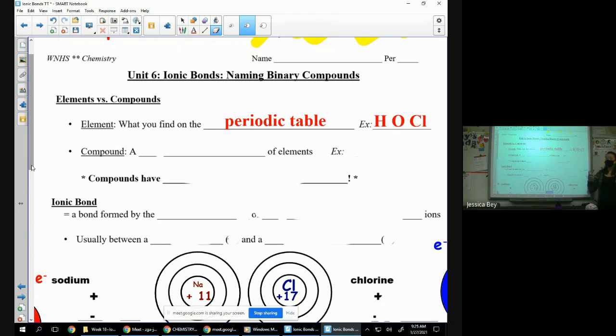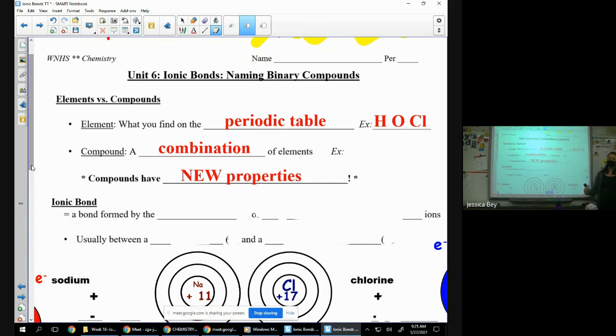Now, when you make a compound, which we talked about on Monday, you have to transfer some electrons or share some electrons, and they come in a combination of elements. So when I say, hey, name this compound, we are talking about a combination of elements that have come together. And remember, they always get a new set of properties.